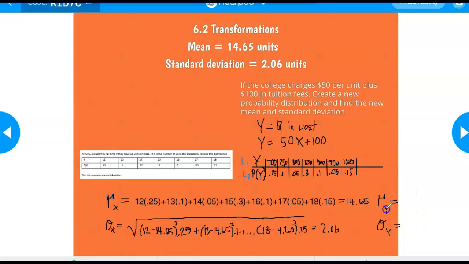Or we could use the shortcut. Okay, and the shortcut I mentioned Monday. What we could do is, if this is true for the x values, this is true for the means. So we take the mean and multiply by 50 and add 100. That'll give us our mean of y.